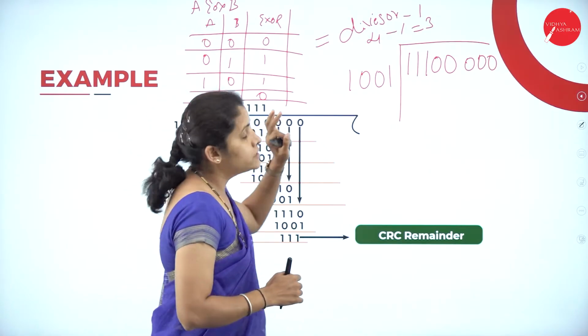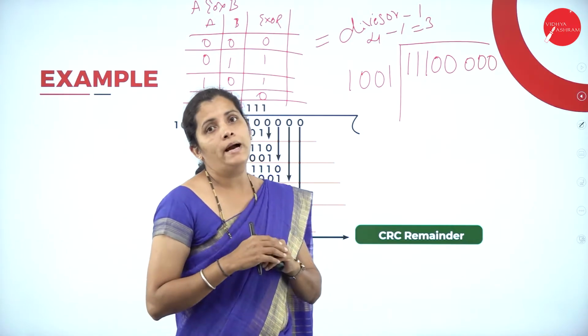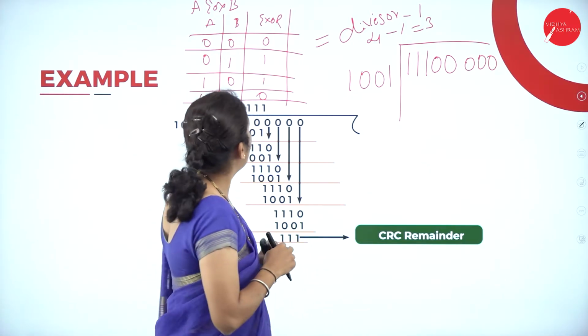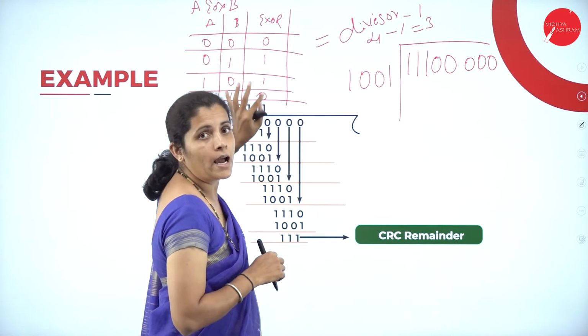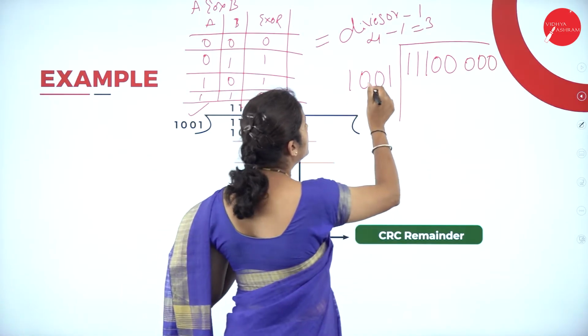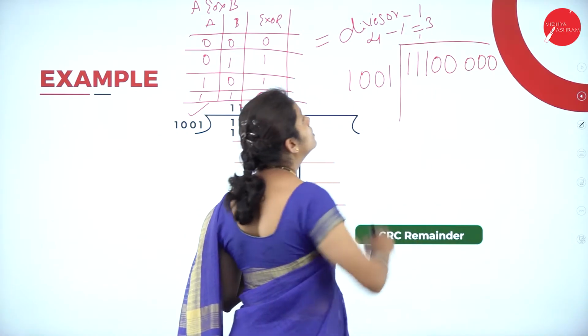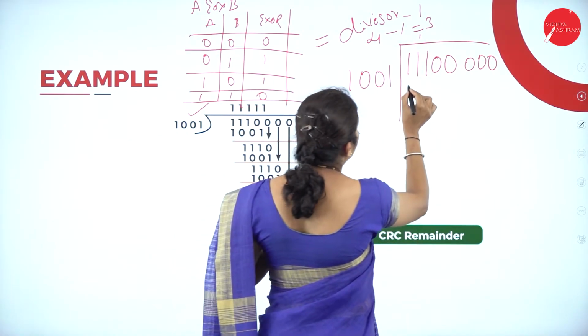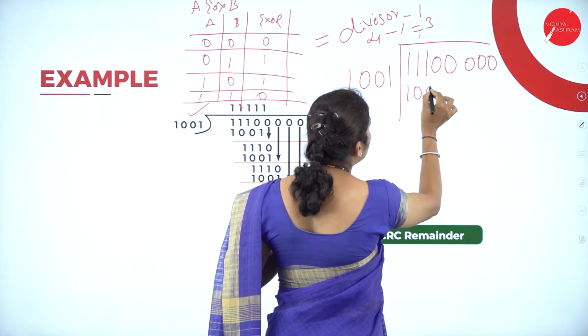So this is the truth table of the XOR gate. If I am performing binary addition here, I think of it as performing an XOR operation. So the first bits are 1, 0, 0, 1.